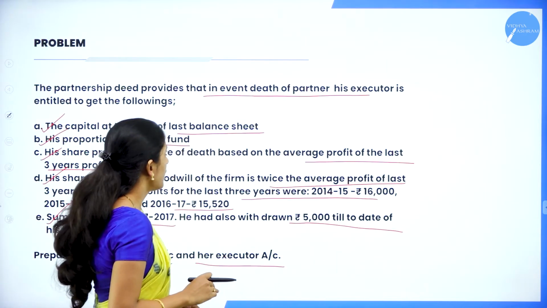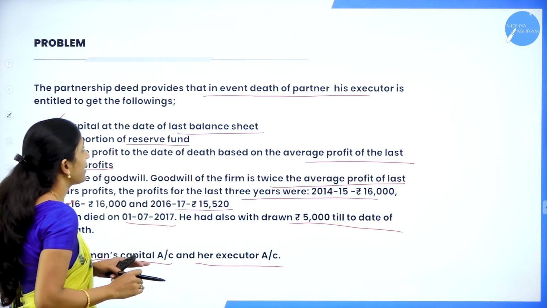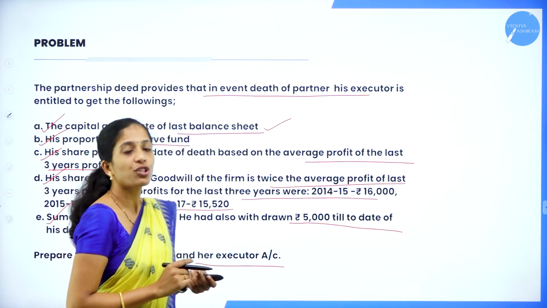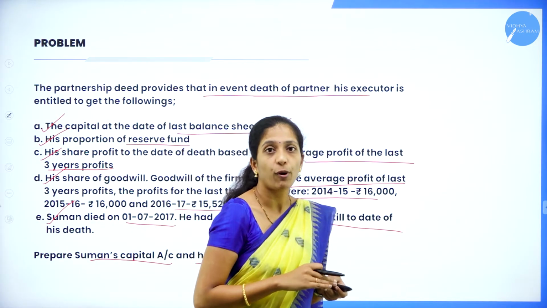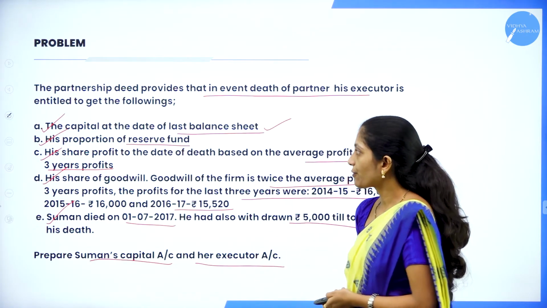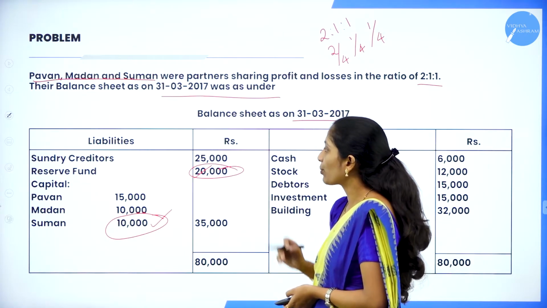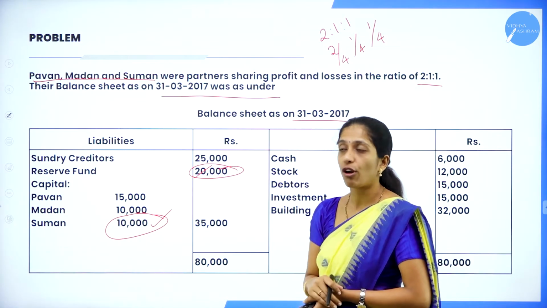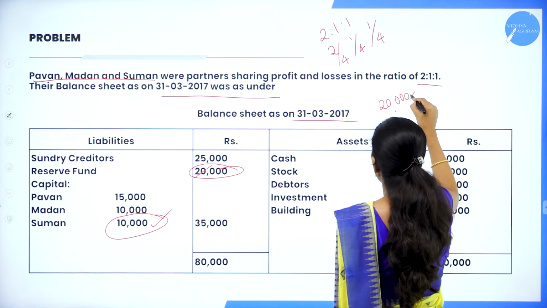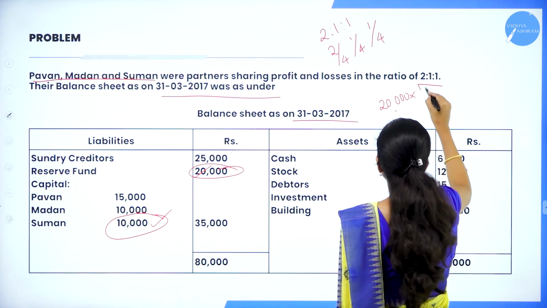Next what they have told, now see the adjustment, the capital at the date of last balance sheet we have taken. Next, her proportion of reserve fund. So reserve fund has to be given. Now if you see the balance sheet, there is a reserve fund 20,000. Now what is the share of Suman? So it is 1/4.